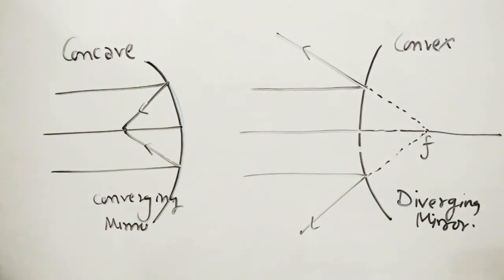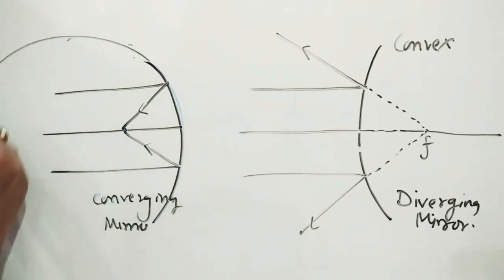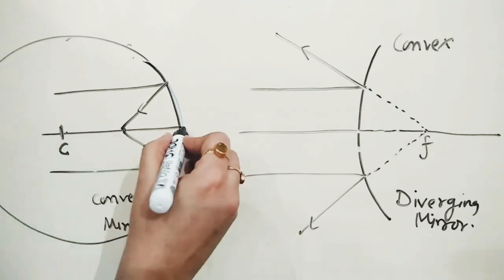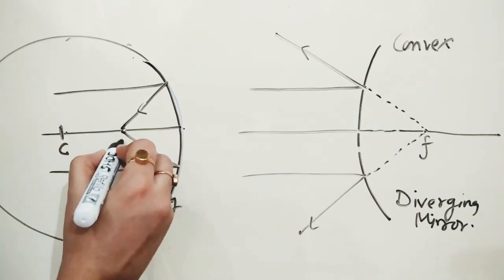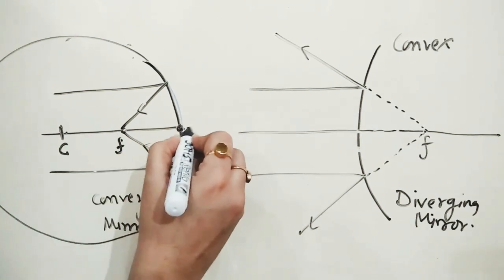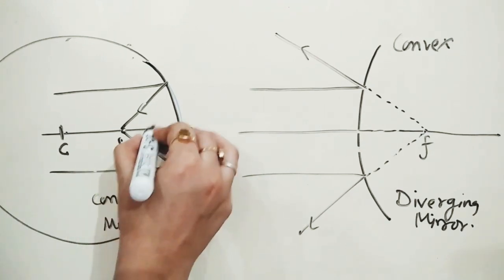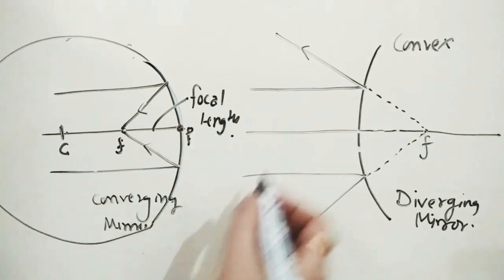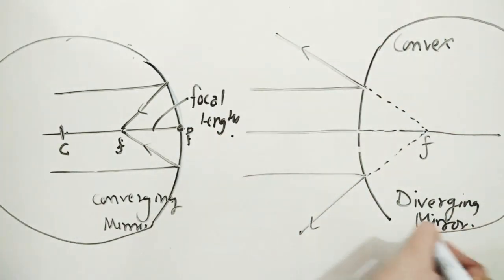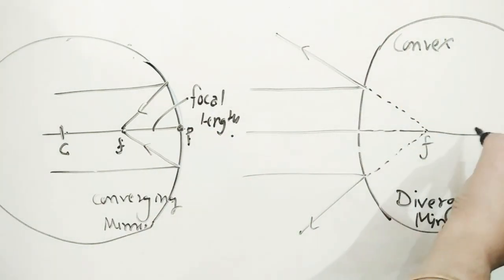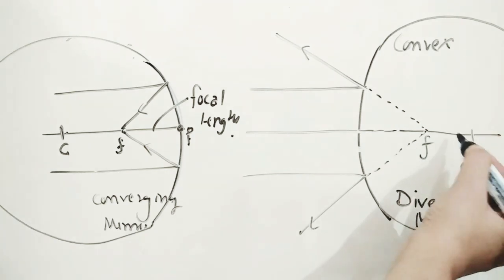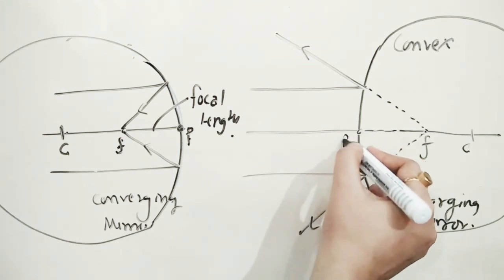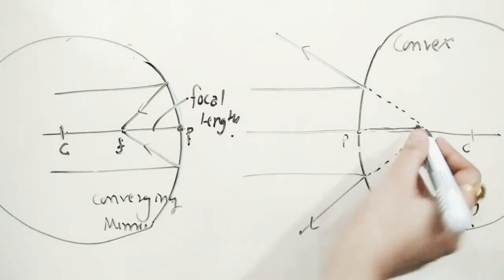Now if we complete it as a circle, for example a sphere, and this is the center of curvature and this is the radius of curvature, and this point is the focus, then the distance between the pole and the focus is known as the focal length. Similarly, in this case also, if we prepare this as a sphere, that point is the center of curvature, this is the radius, this point is the focus and this point is the pole, so this length is known as the focal length.